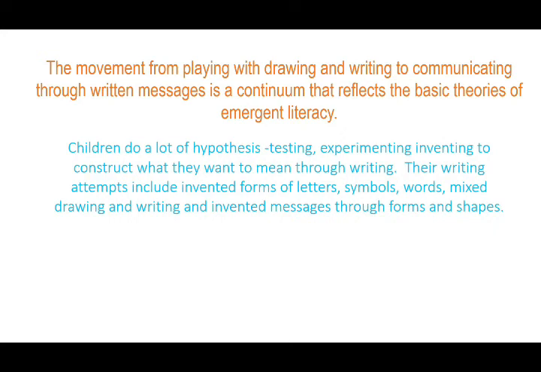Children do a lot of hypothesis testing, experimenting, inventing to construct what they want to mean through writing. Their writing attempts include invented forms of letters, symbols, words, mixed drawings, and writing invented messages through forms and shapes.